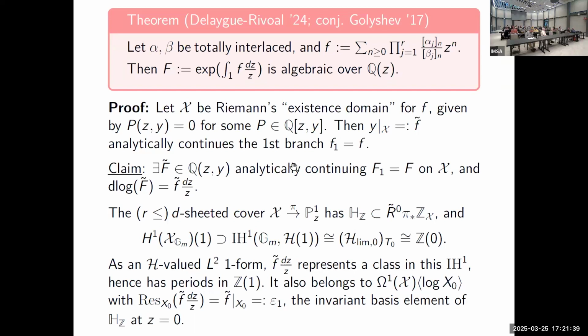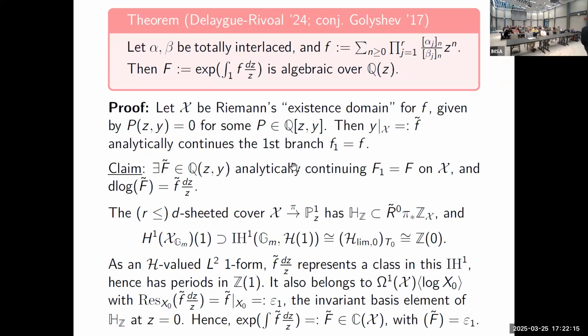Okay, and the integer multiples of itself that appear on some of the points over 0 and not others are going to be the value of f tilde over 0, because all the other things it comes monodromically back around to, which are linearly independent from it, are 0 and 0. Okay, so this epsilon 1 you should think of as a little 0-cycle on this curve that sits over z equals 0, and it has Z coefficients.